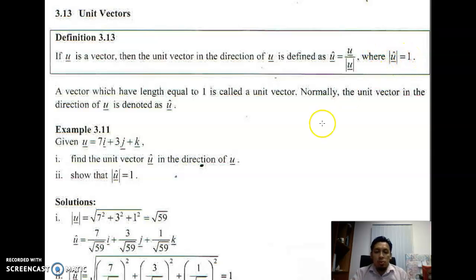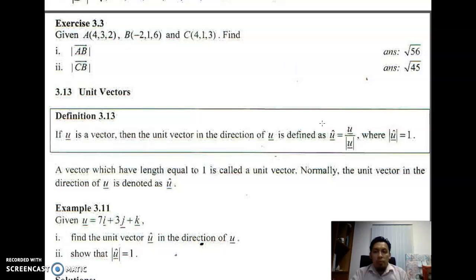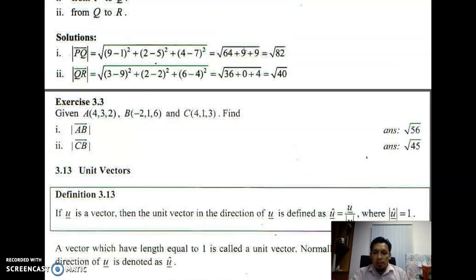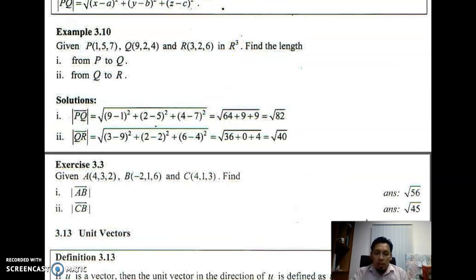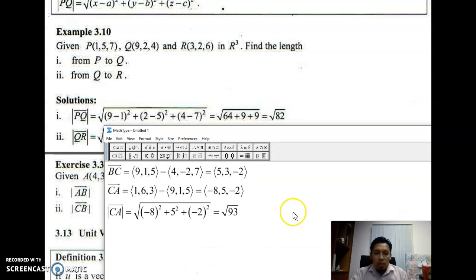Why don't we refer to our previous example, where we did a calculation for the length of CA. We have the components -8, 5, -2.